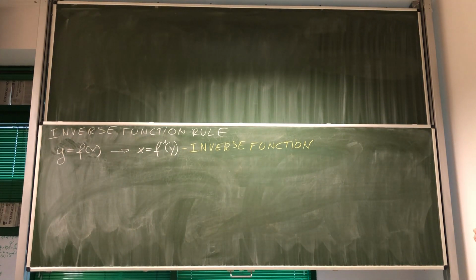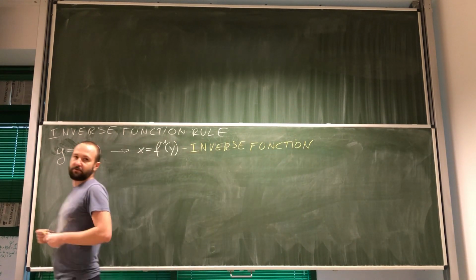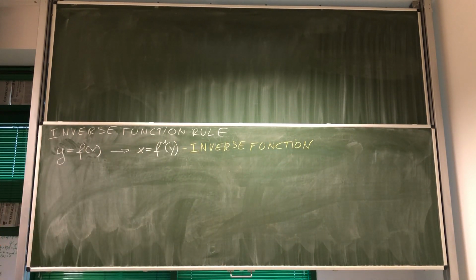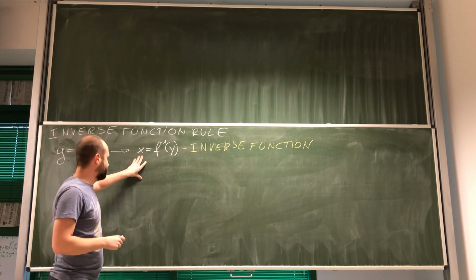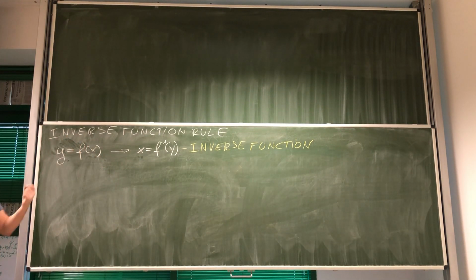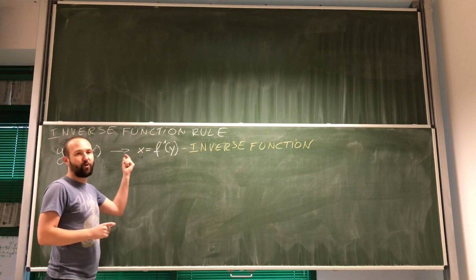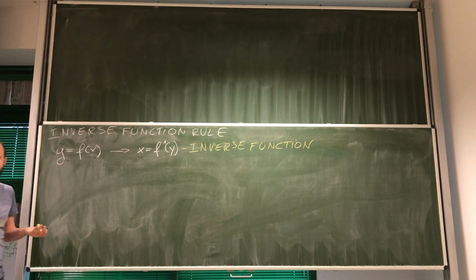But this is not always possible, right? Sometimes we cannot find uniquely defined x, and this is a big problem. Why? Look, for example, even with a quadratic function, we will always have two solutions.